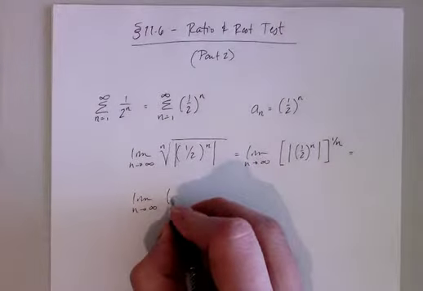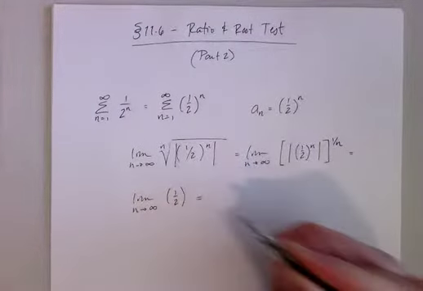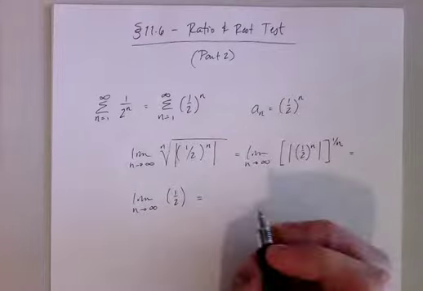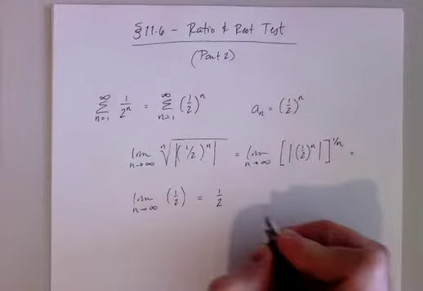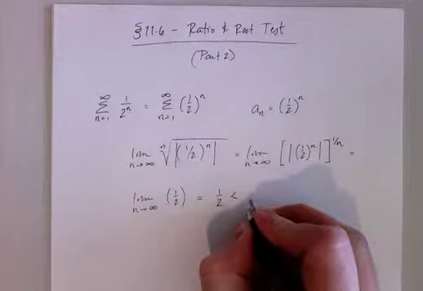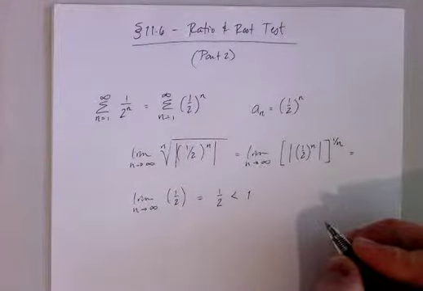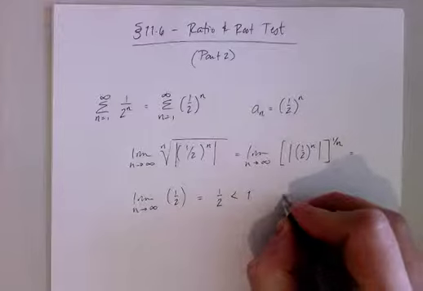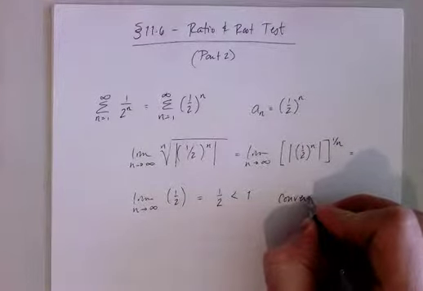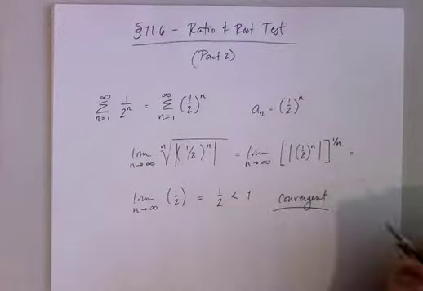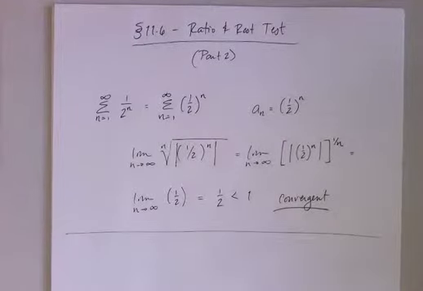Once I simplify, I just get down to a constant, and the limit as n approaches infinity of a constant is simply that constant. Now I notice that is less than 1, therefore it is absolutely convergent according to the root test, or just for our purposes, convergent. Now that should be relatively straightforward.